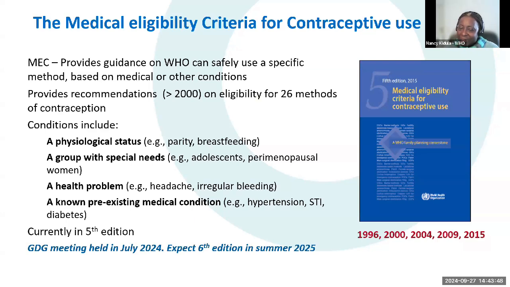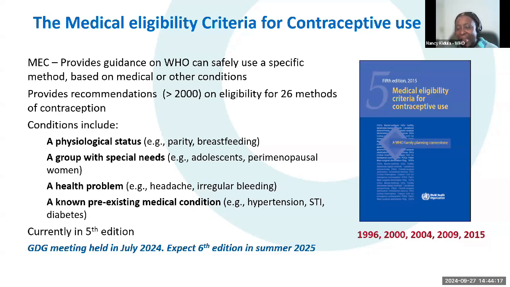One of the things that is reiterated in the MEC is that family planning care must be delivered in accordance with the client's human and reproductive rights and is fundamental to quality of care. And so decisions about family planning method choice should take into account not just clinical judgment, but also user preference.